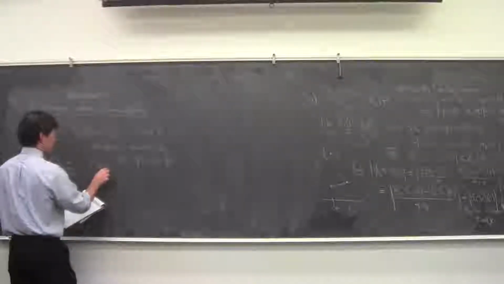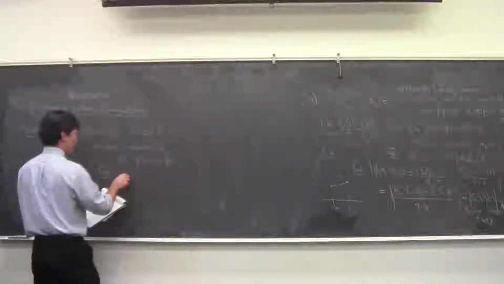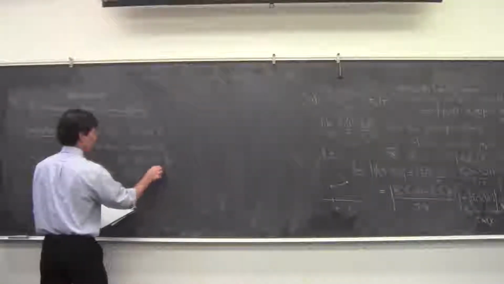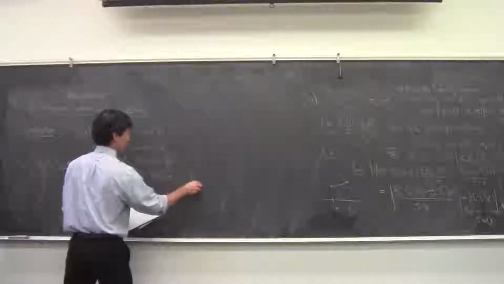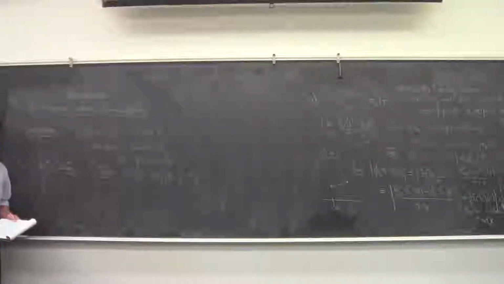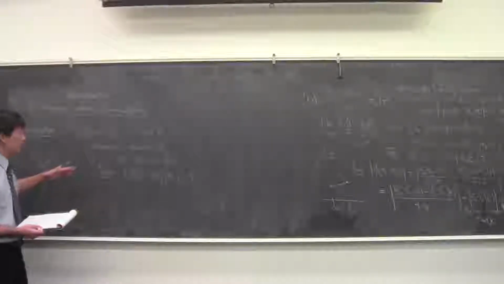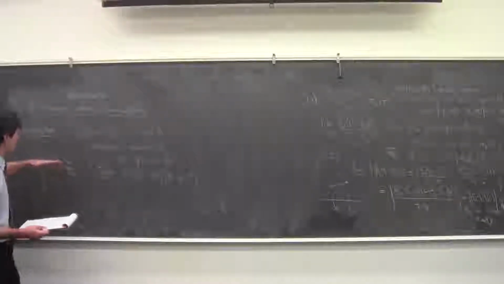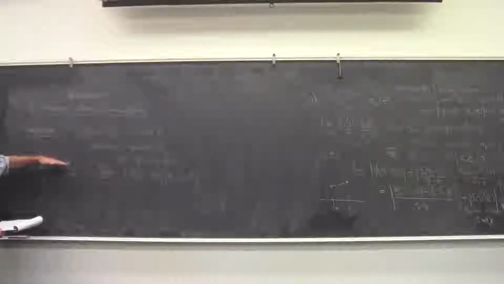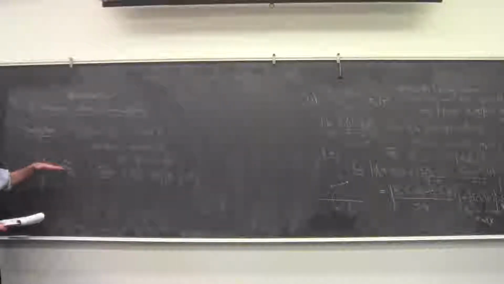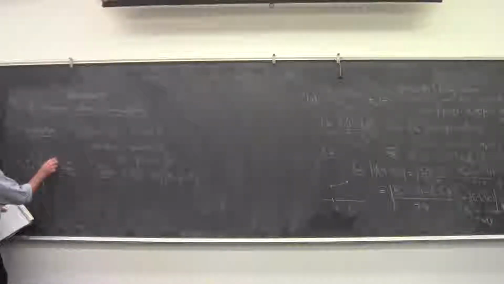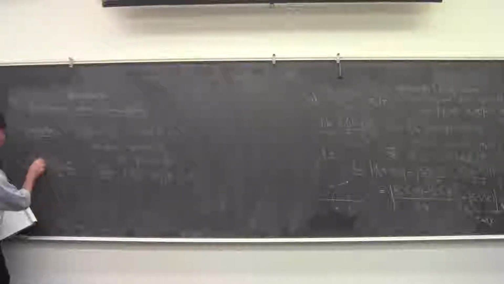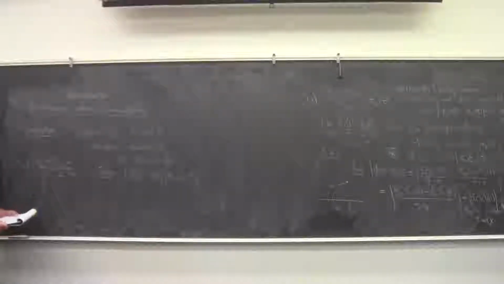So it's a simple exercise to see that if you take the difference, the absolute value of phi of s minus phi of t is less than or equal to the absolute value of s minus t. That is basically that the slope is always of absolute value less than 1. Between any 2 points s and t, whatever 2 points I take, the slope is always less than 1 in magnitude.